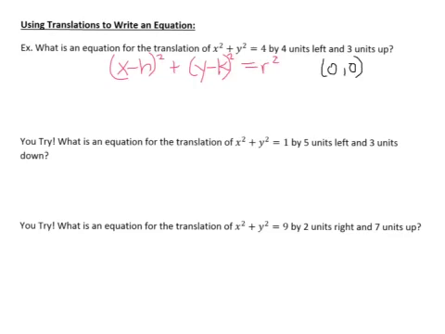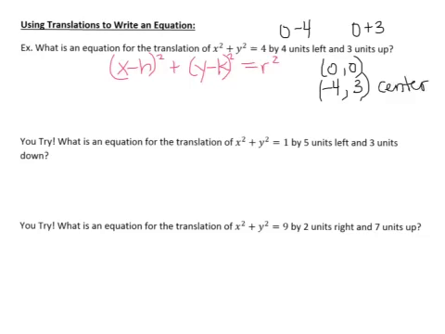But we want to write the equation of this translated 4 units left and 3 units up. So if I go 4 units left and I was at (0, 0), then I'm now going to be at negative 4, because 0 and then going left would be minus, so 0 minus 4 is negative 4. And then 3 units up, so 0 plus 3, I'll be at the new center of (negative 4, 3).